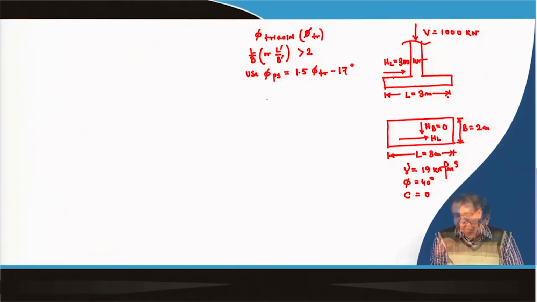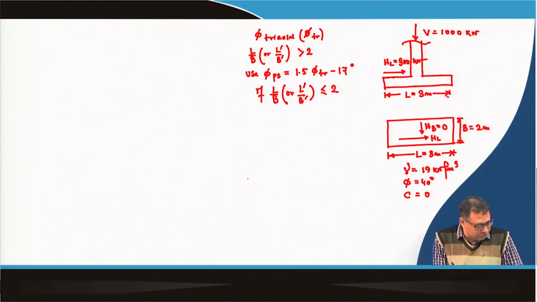Okay. So, that means if the length is more than 2 times the width, and phi triaxial is given, then you convert it by using this equation. Now, if your L by B or L dash by B dash is less than or equal to 2, then you use phi triaxial.